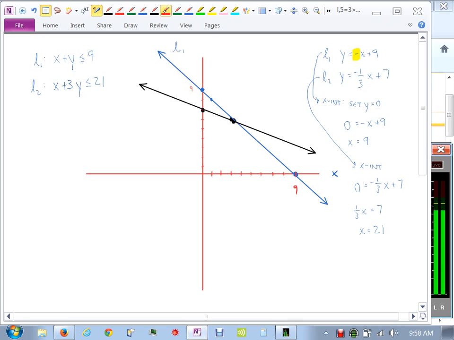Okay, right now, I'm going to test the point 0, 0 into the first inequality, x plus y less than or equal to 9. That gives me 0 plus 0 is less than or equal to 9, which is 0 is less than or equal to 9, right? And that's true. Now, where's our test point? 0, 0? It's the origin, right?